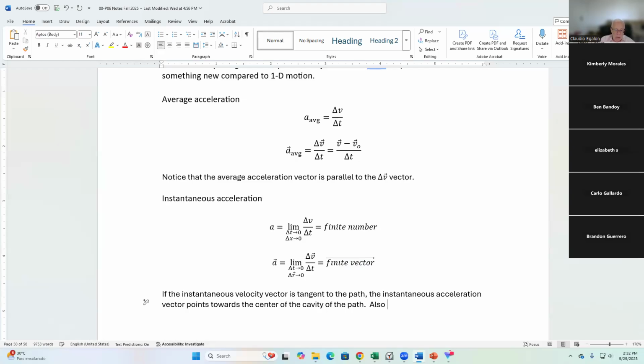Also, at the point along the path where the cavity is changing, the instantaneous acceleration vector will be equal to 0, okay? That's what you have to know.